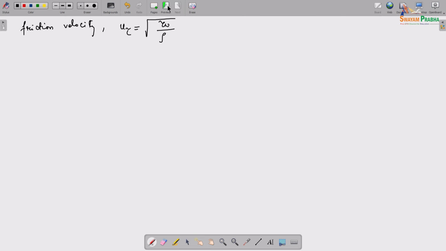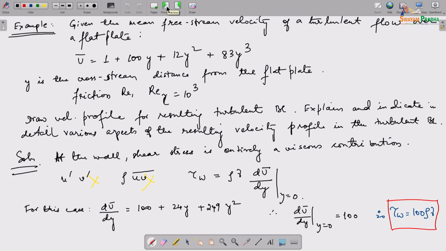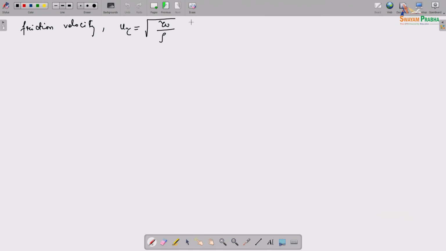Now tau w is essentially 100 rho nu, so this is equal to 100 nu, or u tau is equal to 10 under root nu.